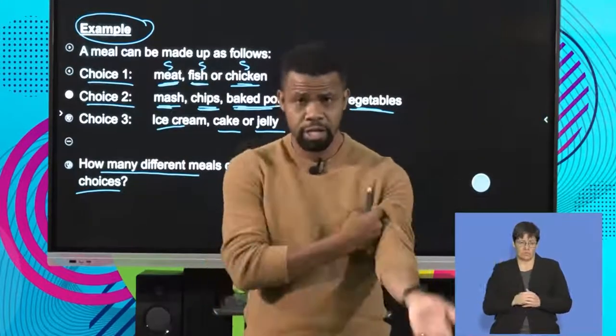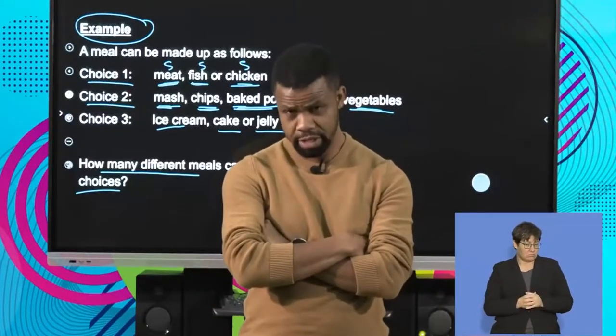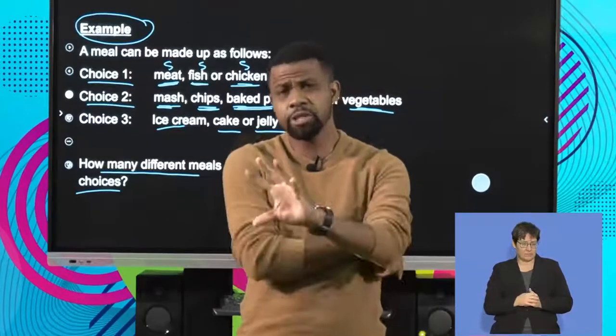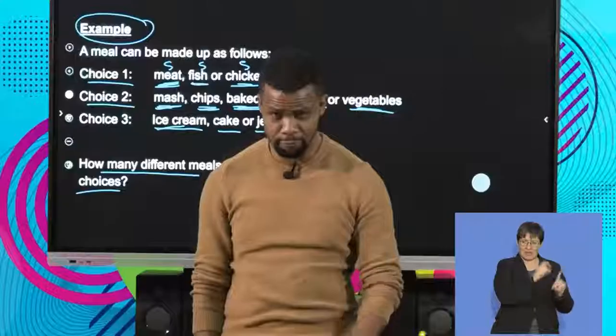Now we have 3 choices. Can we apply the same principle? What do you think? Okay, let's look at this first. So here, I can take meat, mash, ice cream. That's 1 choice. This looks more difficult if I have to do it from my head without using the fundamental principle of counting.